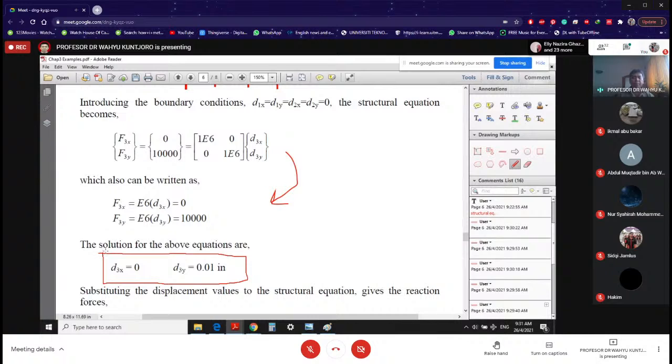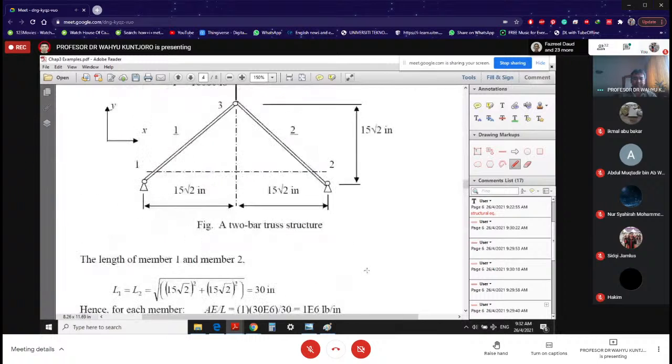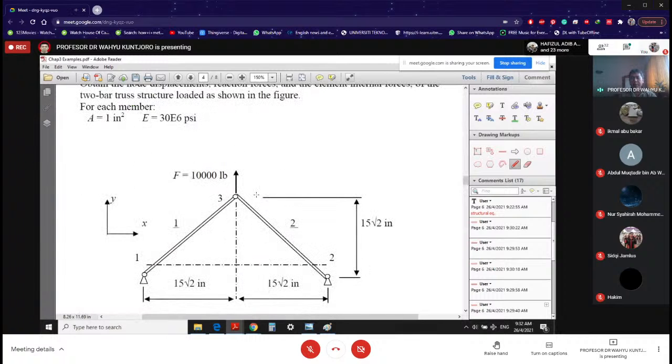So this is your answer. d3x is 0, d3y is 0.01 inch. Now d3x is 0. Let's look at our structure. That means this node here is not going to move left, not going to move right. If you see this kind of result, you should be happy. You should feel relief because now d3x is 0, which is logical.